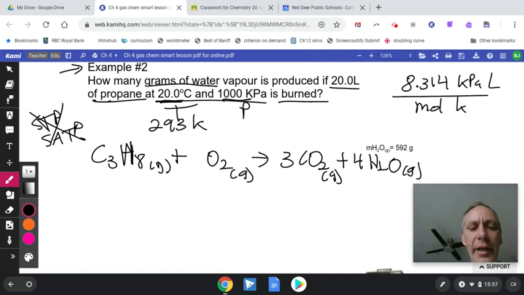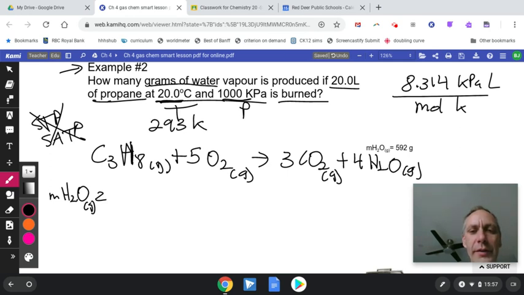Balance at 3 and 3, so that is 4 and 6 is 10, 5, 10 oxygen. Okay, so there's our balanced equation for combustion of propane. How many grams of water vapor, mass of H2O vapor or gas?